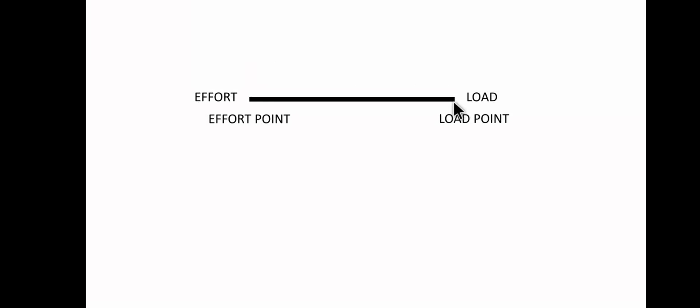So at the effort point, we apply the input energy. Now the input energy must be equal to the work done on the effort point. Since we are talking about work done, it has to be force into displacement.